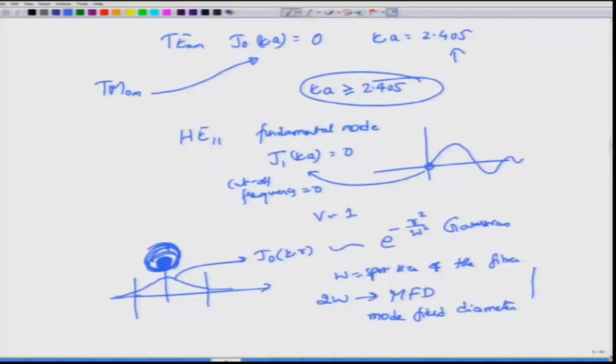If you look at how the mode field diameter changes with respect to V for the fundamental mode, we will see that initially the confinement is very small, and then the mode field diameter approaches the diameter of the fiber. For larger values of V, close to 2, 2.2, 2.3, it would approach the value of a, but always being slightly larger than 2a.